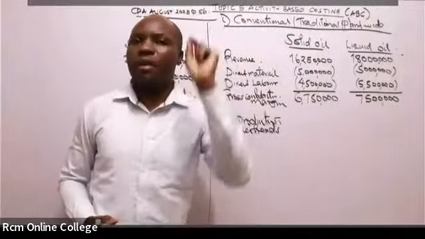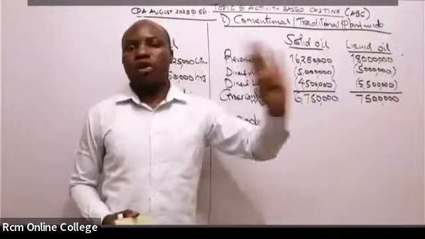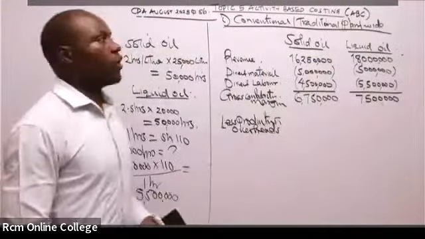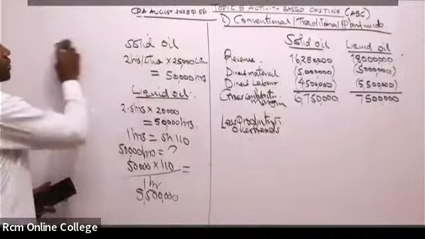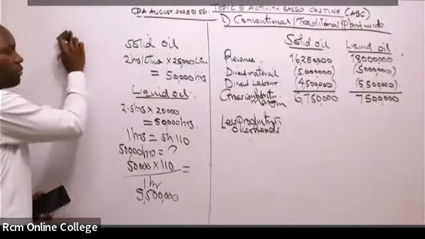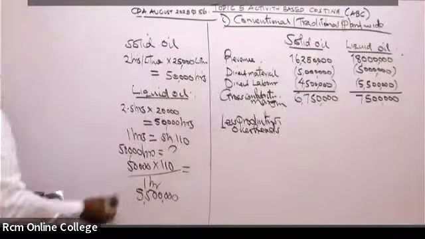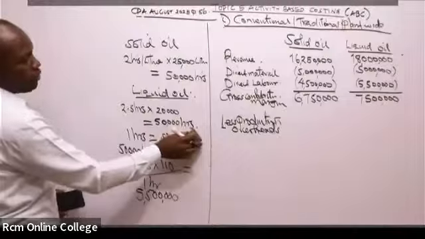Under this method, we only take one cost driver to distribute all the overheads. And what is this cost driver? As per our question, the cost driver is direct labor hours. So I hope you're able to remember how we got the 50,000 for solid oil and the 50,000 for the liquid oil.